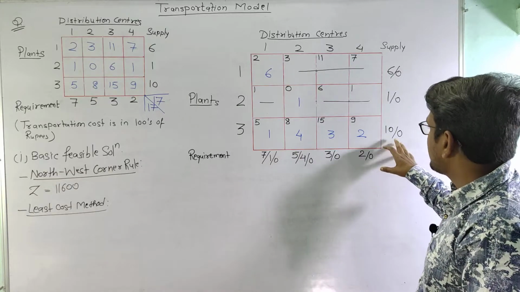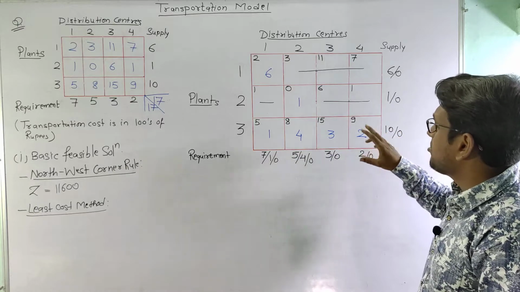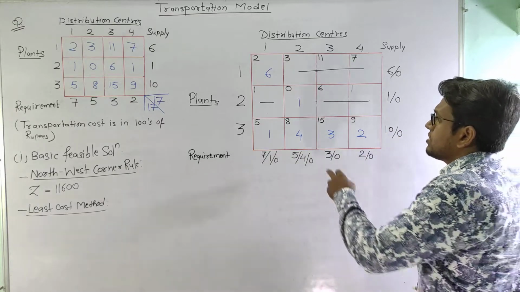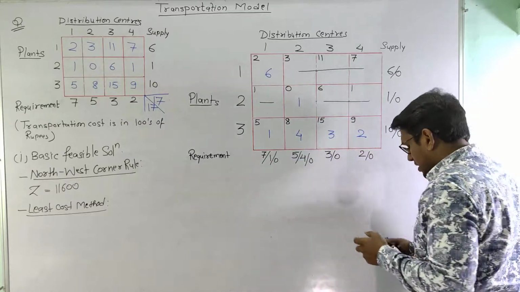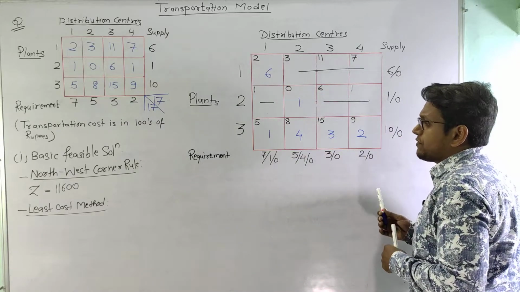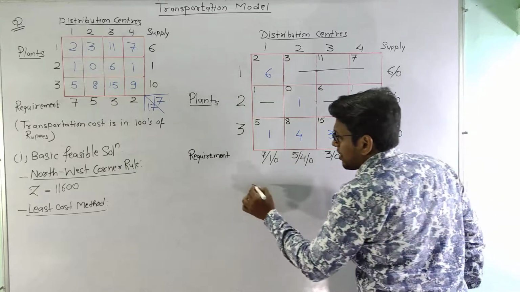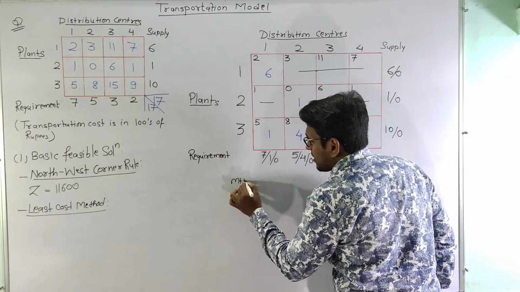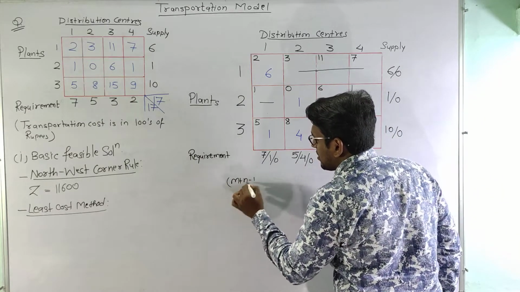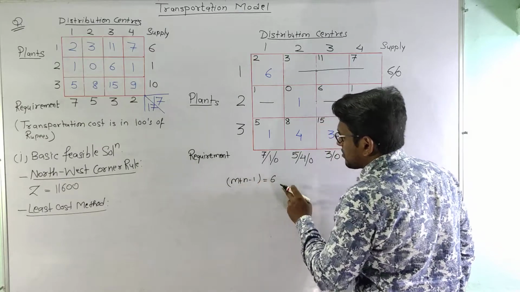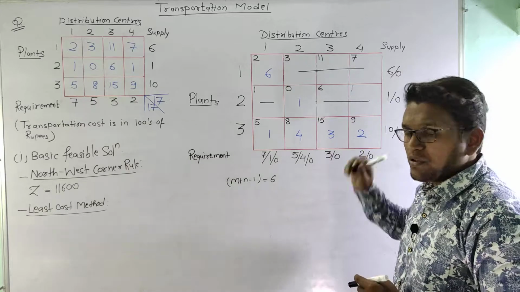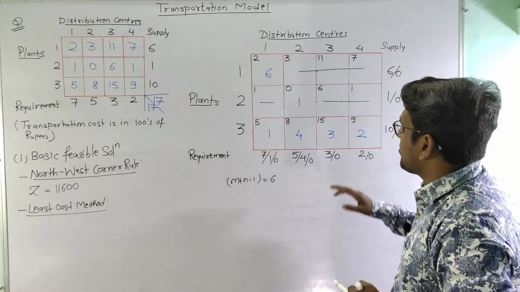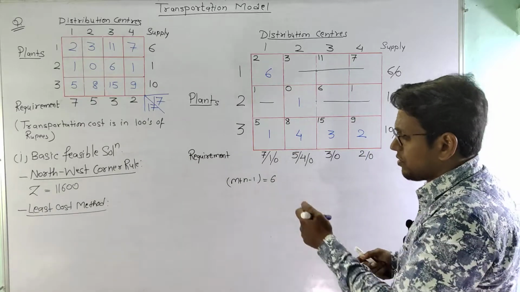Similarly, the number of allocations: in this particular portion we have 1, 2, 3, 4, 5, 6 allocations, and for a basic feasible solution we need m plus n minus 1 allocations, which is equal to 6. So it is satisfying this. That means this is a basic feasible solution we have obtained by the method of least cost.